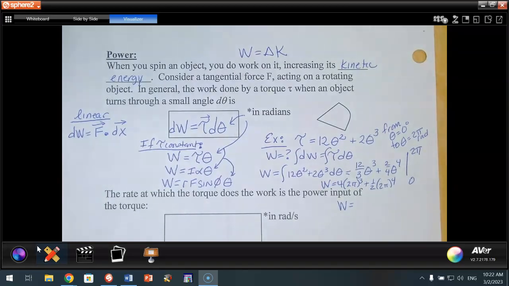so 4 times the quantity 2 pi cubed plus 0.5 times the quantity 2 pi to the 4th, what I would get is, just double check that I'm doing this right.